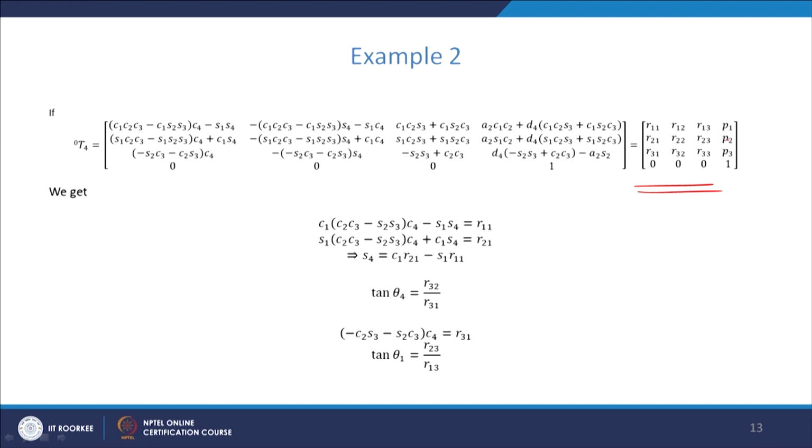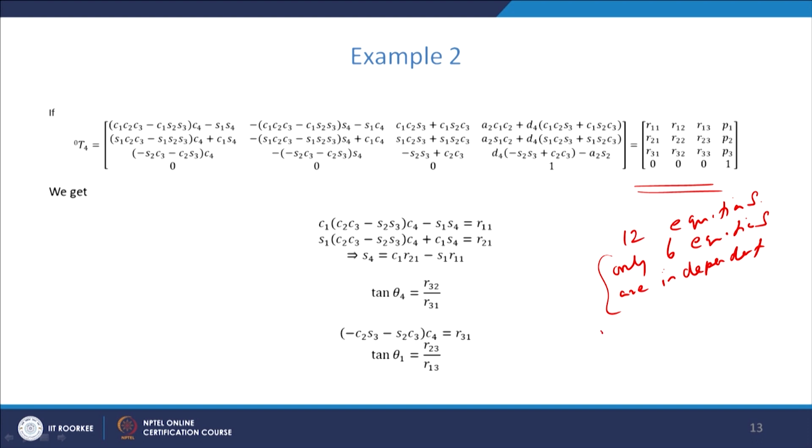So, if you equate, there are 12 equations, but only 6 of them will be independent, because for any rigid body the position and orientation are measured by 6 quantities only. So, using 6 of them we can easily solve the entire set of equations.